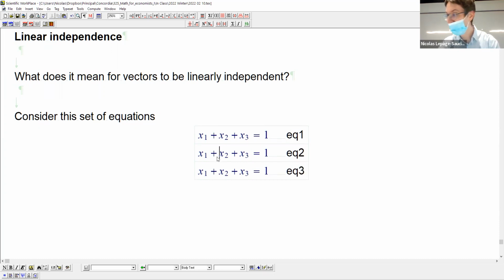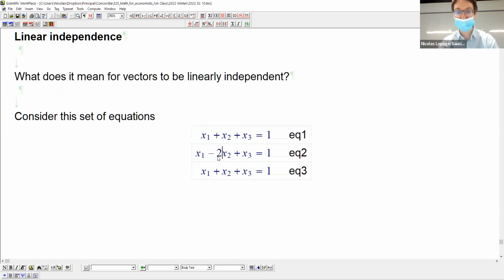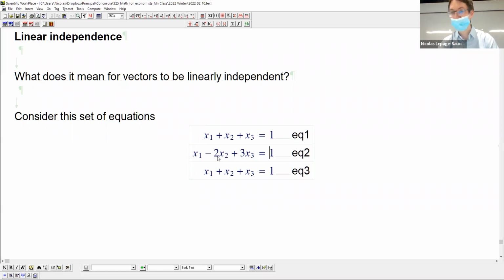Equation 2 is x1 minus 2x2 plus 3x3 equals 2. And for equation 3, 2x1 minus x2 plus 4x3 equals 5. So here I have a set of 3 linear equations, 3 unknowns. So we should be able to do like we did in the homework assignment, to find a solution for them.